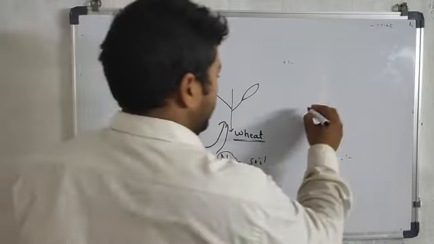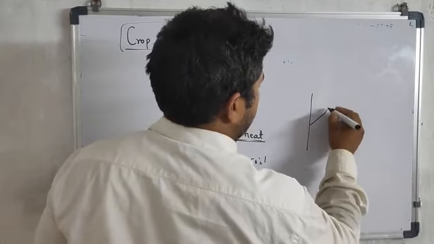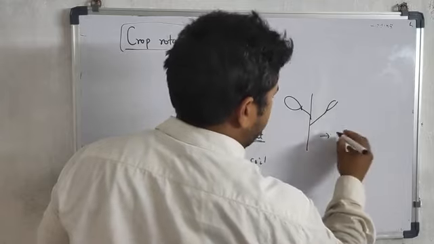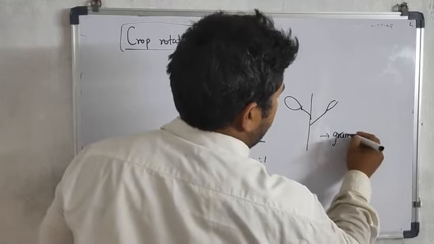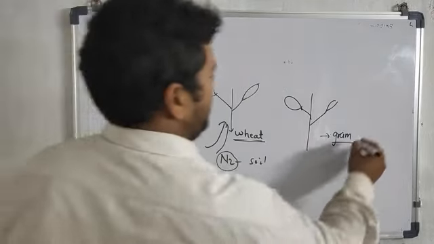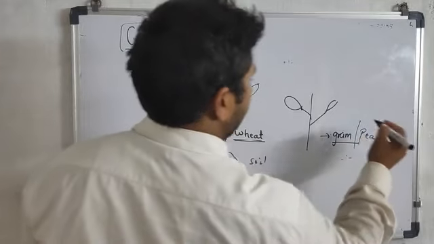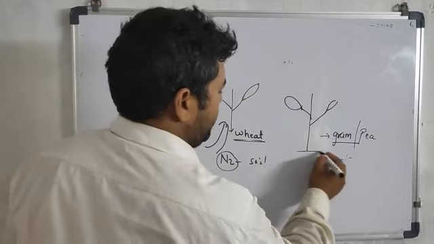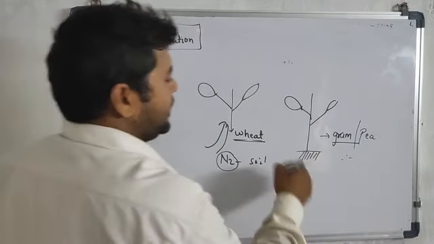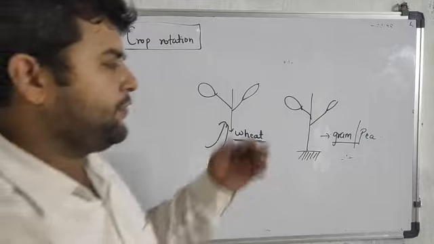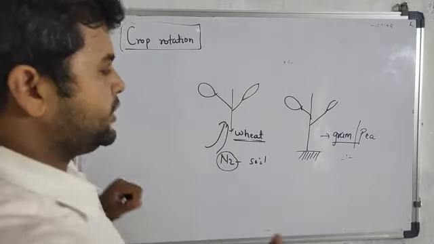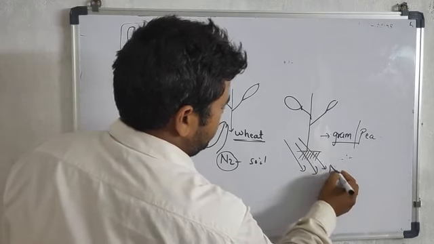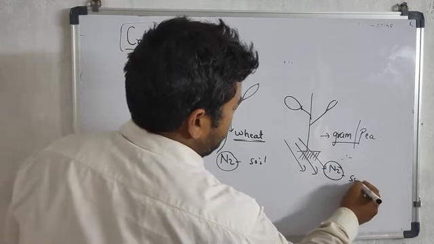So the next crop will be a legume crop, for example mustard, or another legume crop such as gram, or pea. So in the next season we will cultivate this type of crop which usually adds nitrogen to the soil.